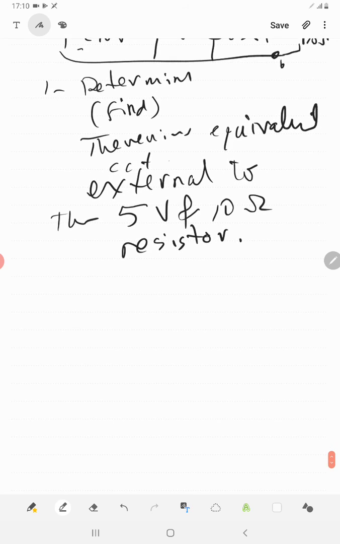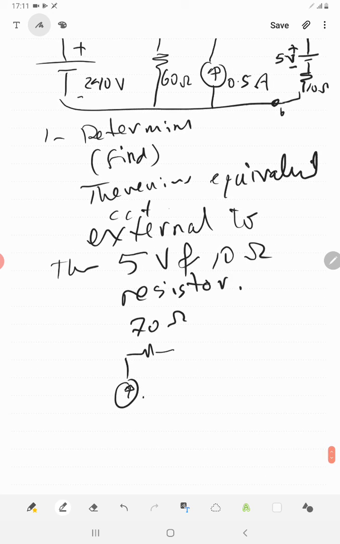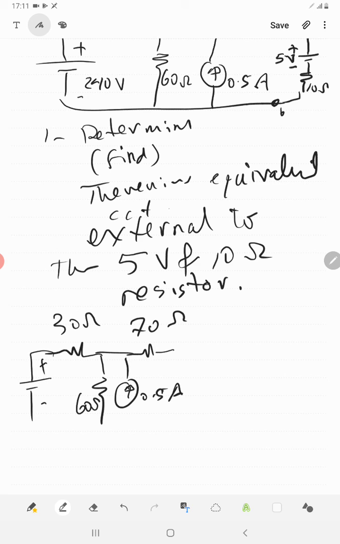So we draw the circuit again, 70 ohms, 0.5 amps, 60 ohms, 30 ohms, 240 volts.